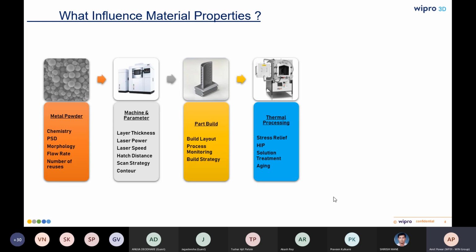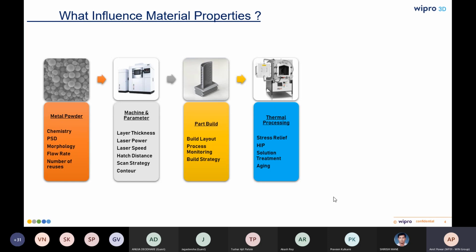These residual stresses need to be relieved immediately after the additive manufacturing process, and only after stress relieving should the build be removed from the base plate. Till then, the part you have printed stays on the base plate. Once the stress relief treatment is done, you can remove the part and take it to further processing like hot isostatic pressing, which is a very important step for aerospace parts.